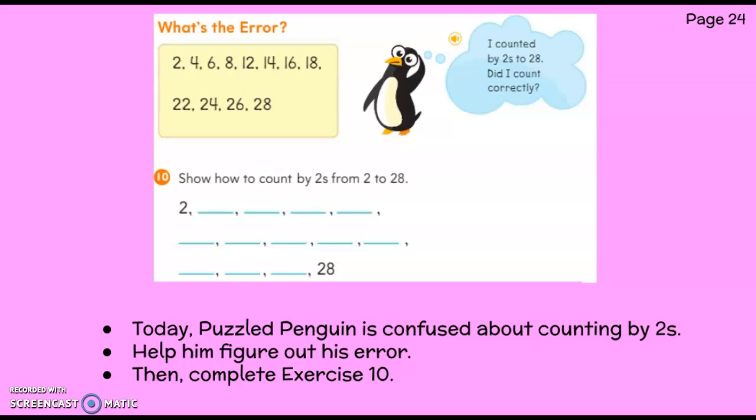That doesn't sound right, does it? 2, 4, 6, 8. Do you notice what he forgot? Yeah, he forgot 10. 12, 14, 16, 18. Not 22, Puzzled Penguin. After 18 comes 20, then 22. Then you can show again how to count by 2s from 2 to 28.